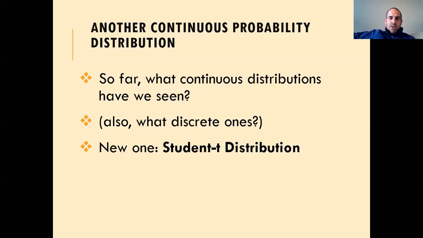Discrete ones, things like the Poisson and the binomial. We've worked with all sorts of both discrete and continuous distributions. But now we want to talk about a new one, namely the student t distribution. That is the next distribution we're going to discuss.